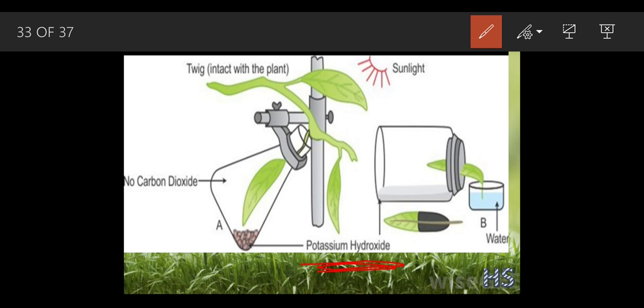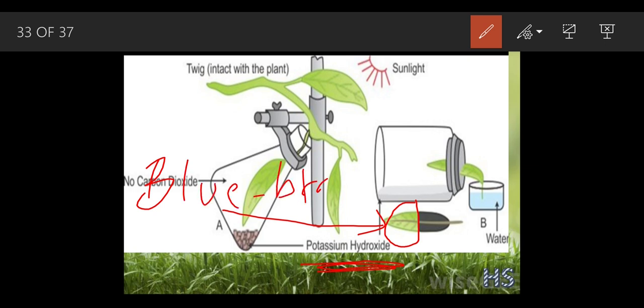So this part which was exposed to sunlight turned blue black because this part of the leaf was getting a proper amount of sunlight.